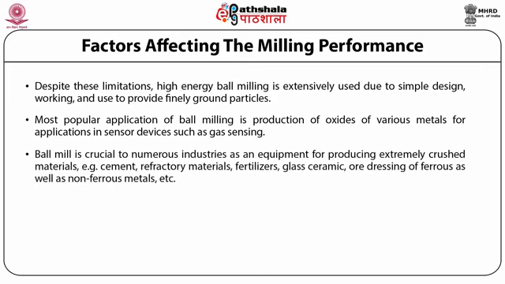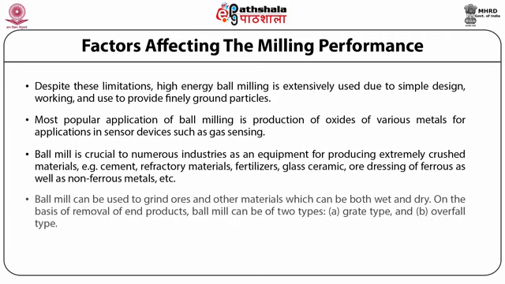Ball mill is crucial to numerous industries as equipment for producing extremely crushed materials. Examples are cement, refractory materials, fertilizers, glass ceramic, ore dressing of ferrous as well as non-ferrous metals, etc. Ball mill can be used to grind ores and other materials which can be both wet and dry.